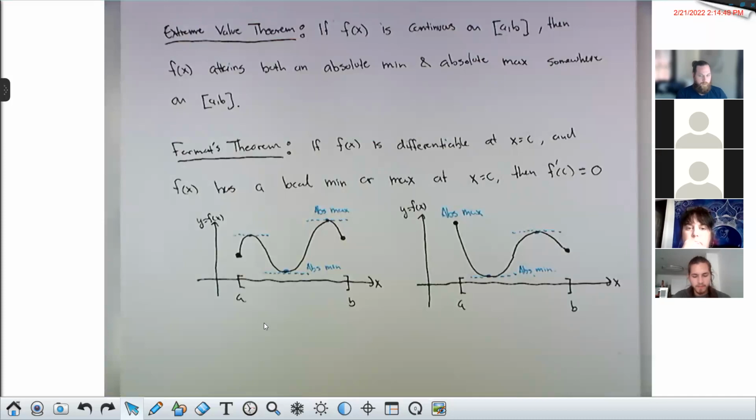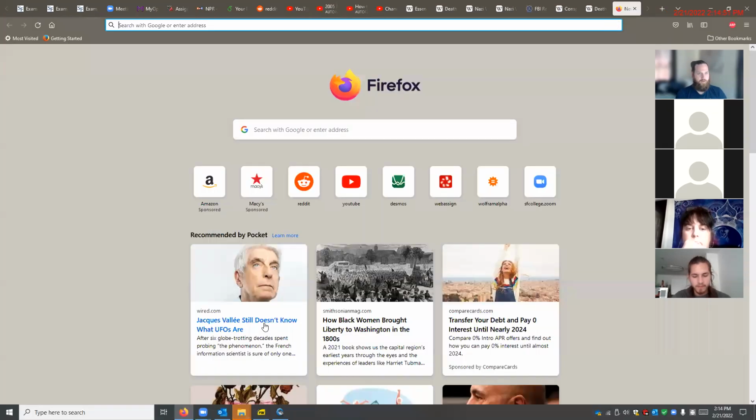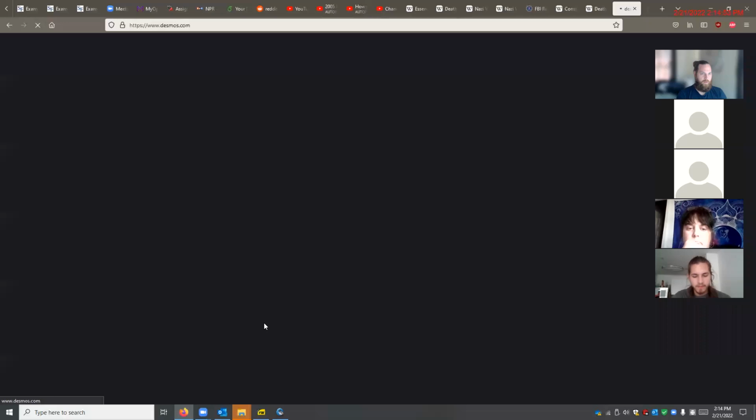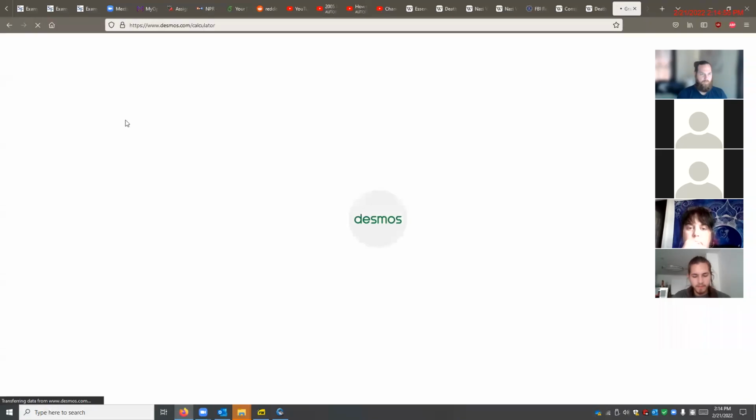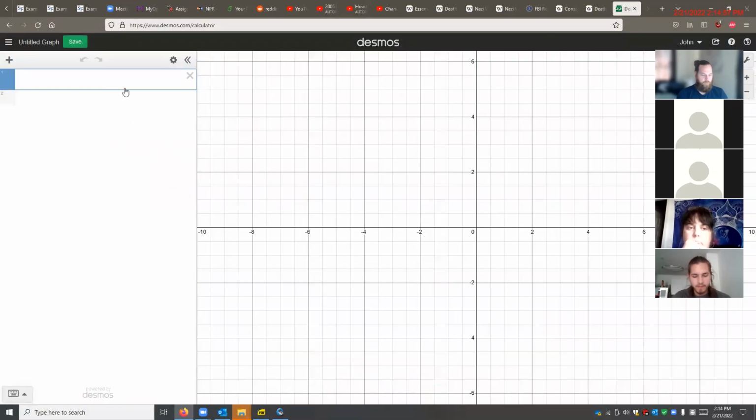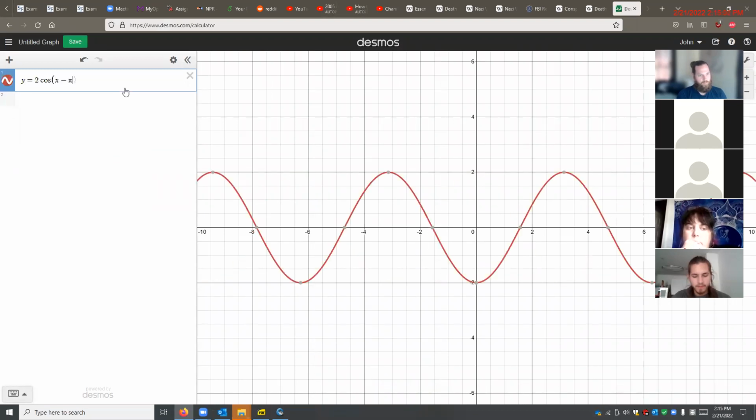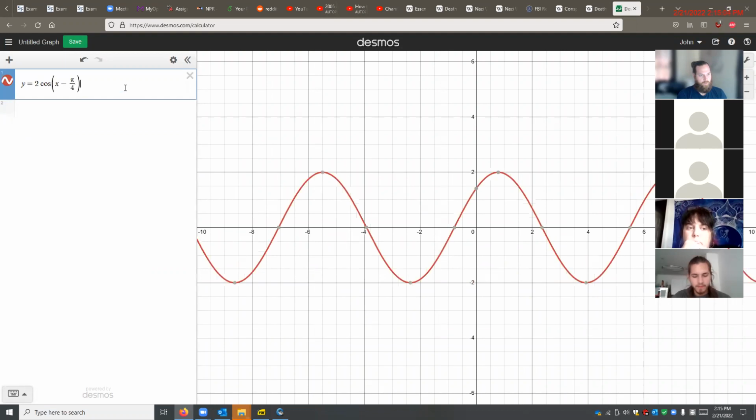No, indeed, if you look at the graph of any sinusoid, we can be quite general about this, you could have something like y equals 2 cos(x minus pi over 4) plus 3.